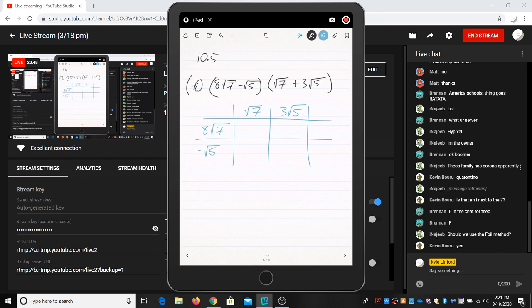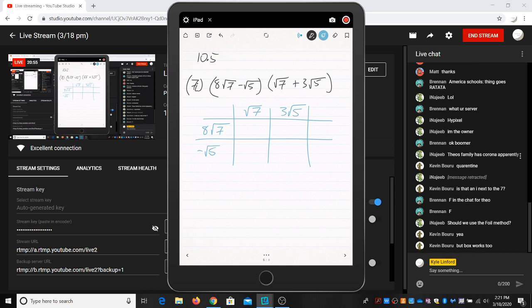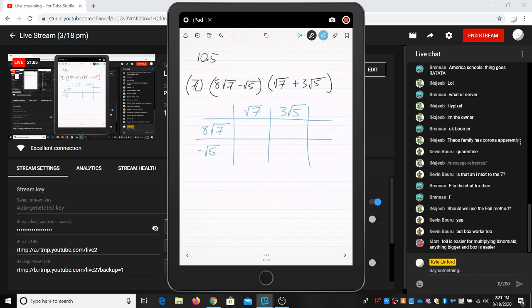We could, but sometimes when you use the FOIL method with these problems, it gets kind of messy when you have this long string of radicals all together. Usually when students see things all worked out horizontally, there's a lot of information there, as opposed to the box method, which structures it a little better, I'd say. You could definitely use FOIL with this, but I'm going to try the box method.